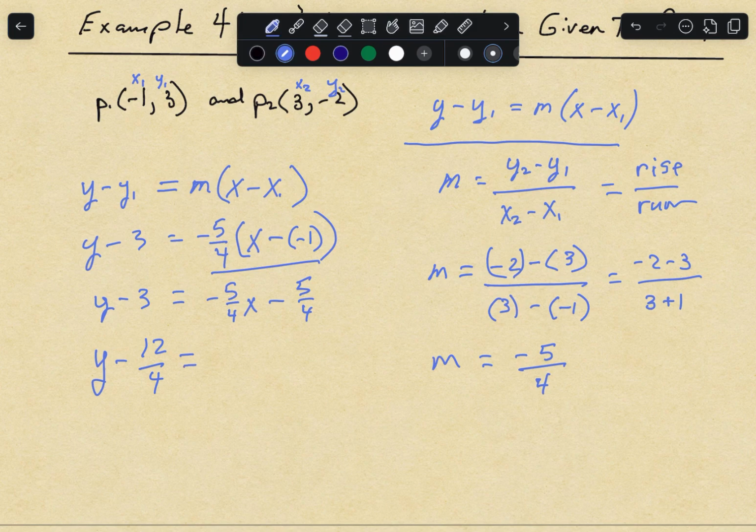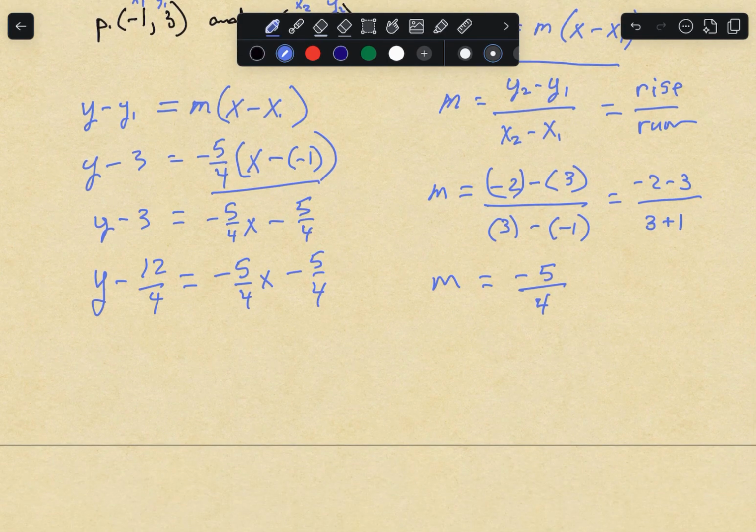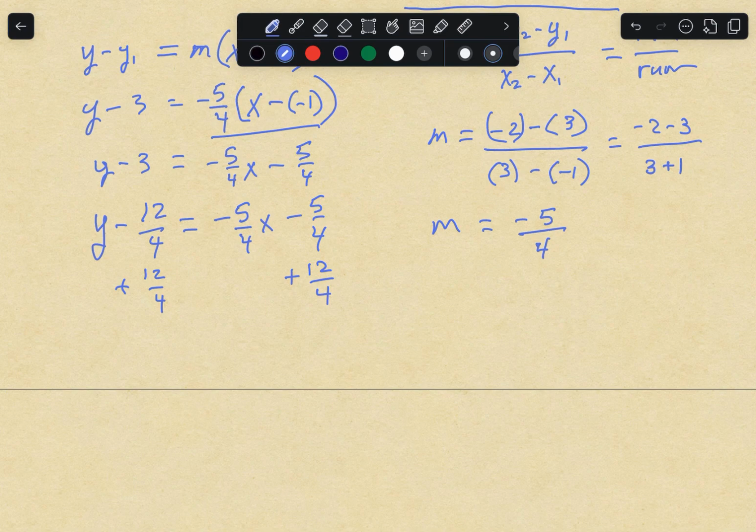So now we can rewrite this again, where that's x minus 5 over 4. And now to straighten it out, we're going to add 12 over 4 on both sides.